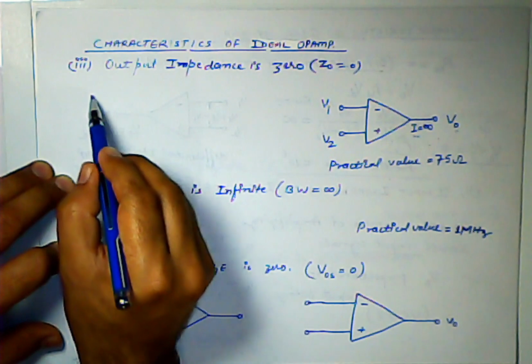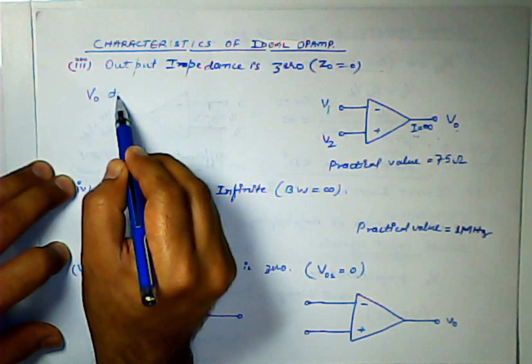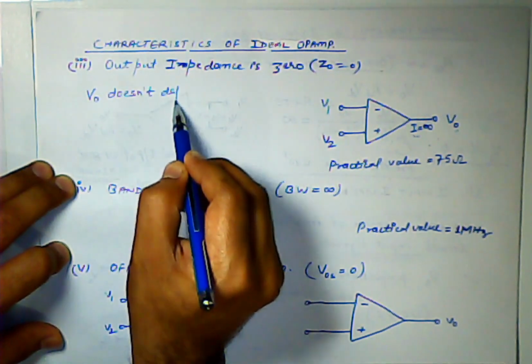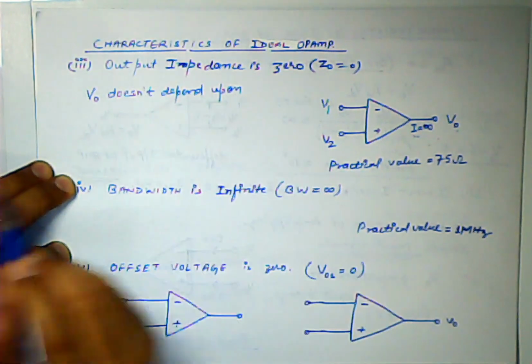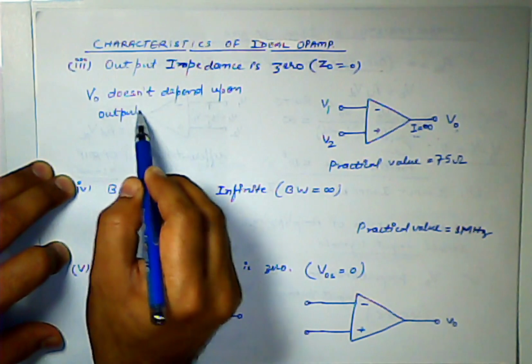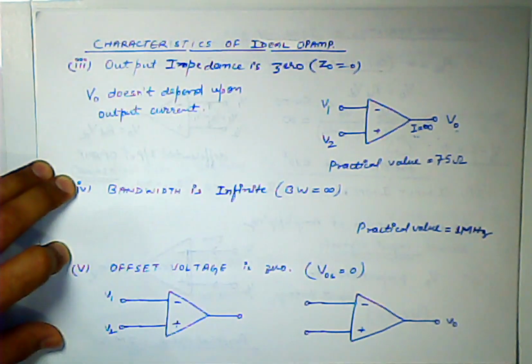Whatever the value of R is, V0 does not depend on this current. So first thing, V0, that is output voltage, does not depend upon output current, or it becomes independent of output current.